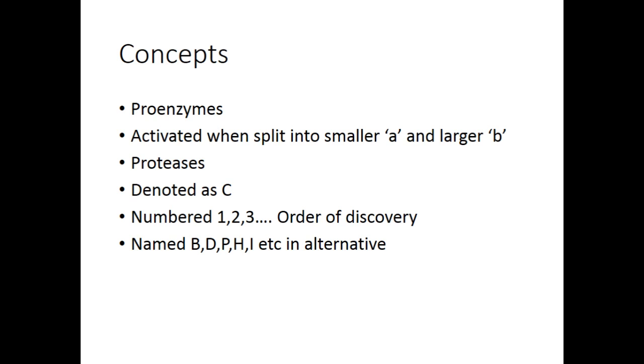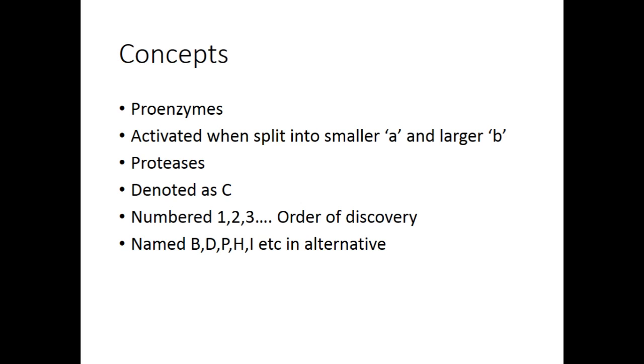When these proenzymes get split up, they form two components: a smaller fragment and a larger fragment. The smaller fragment is small a, and the larger fragment is B. You can remember B for bigger.